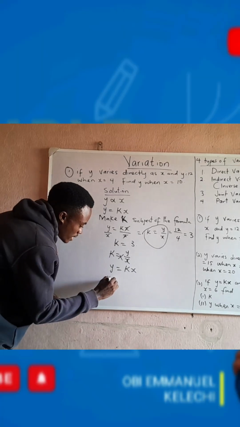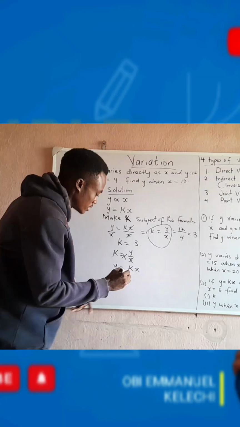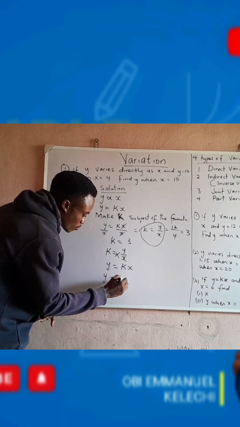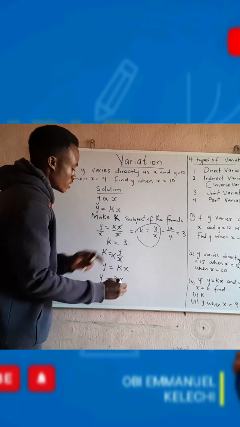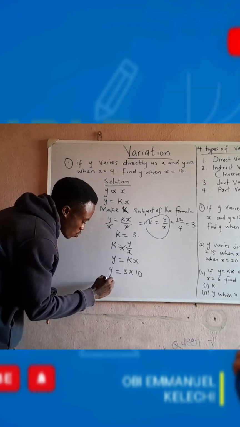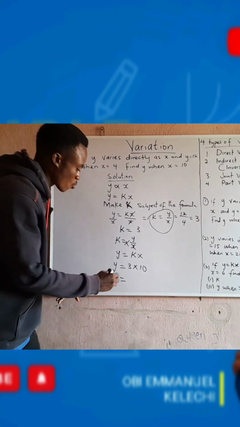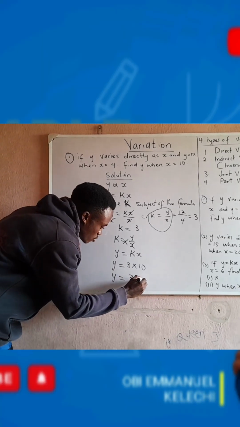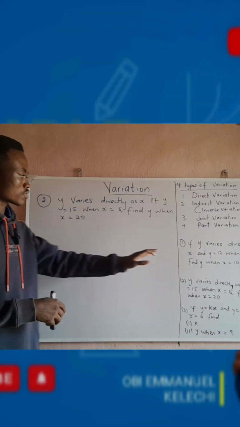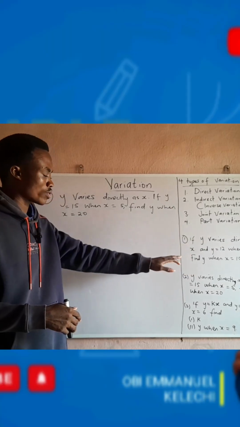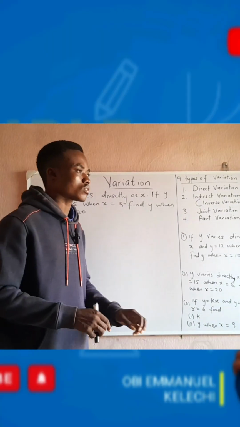So y is equal to, our k is already 3, then multiply by x. Our x is given, which is 10. So 3 times 10 is equal to 30. So that's our final answer. We just finished solving the first question, and the answer we got for the first question was 30.